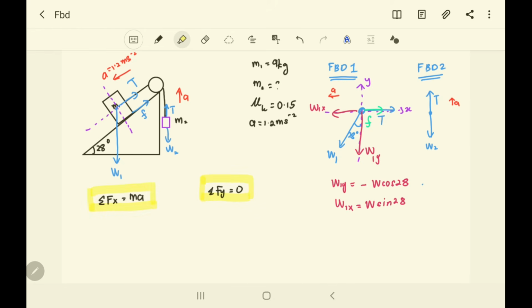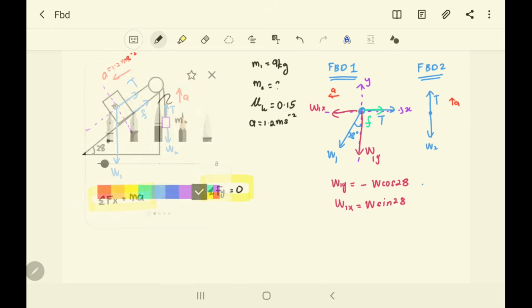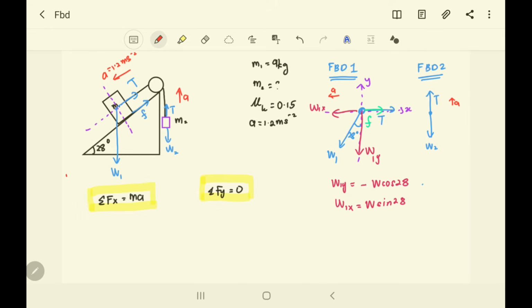Alright, so this one should be for mass 1 and mass 2. Saya buat yang ini adalah untuk mass 1. And mass 2 here I will put mass 2. Mass 2 hanya bergerak in y component sahaja.